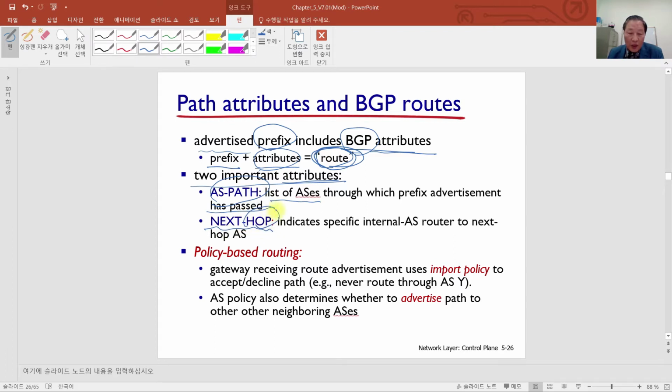Hop means router. We are jumping from here to here. We are hopping. That is hop. That is router. We are going in that way. This is called hop. Next hop means next router. This next hop or next router indicates the specific internal AS router to the next hop autonomous system.